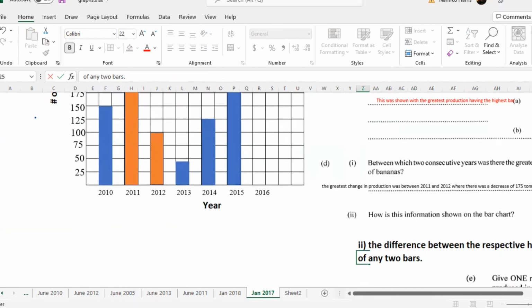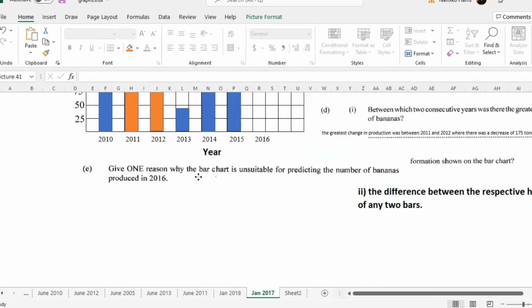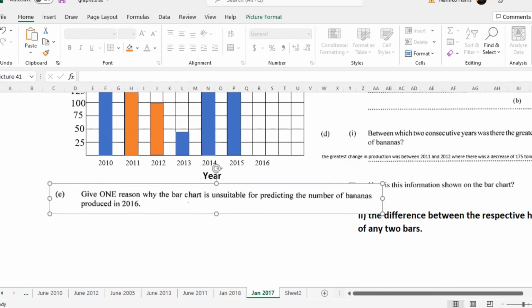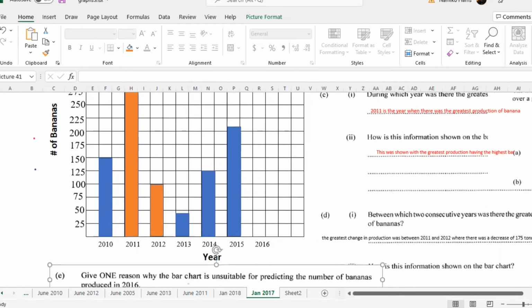So moving on now from part 2, now looking at part E, it says, give one reason why the bar chart is unsuitable for predicting the number of bananas produced in 2016.